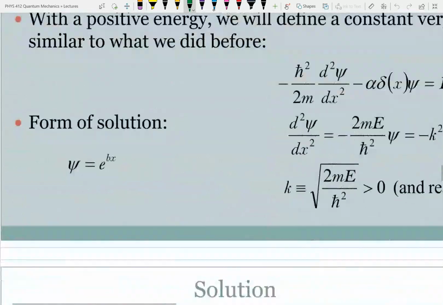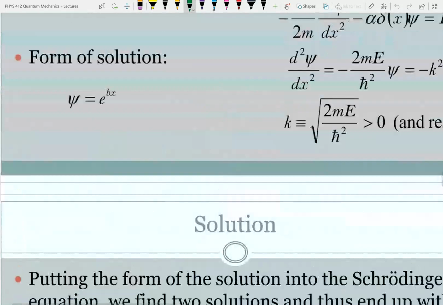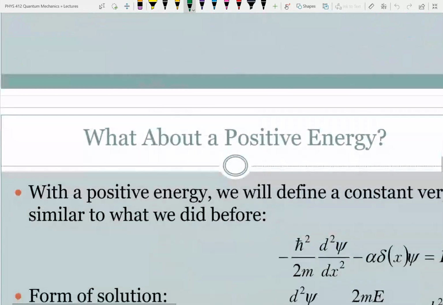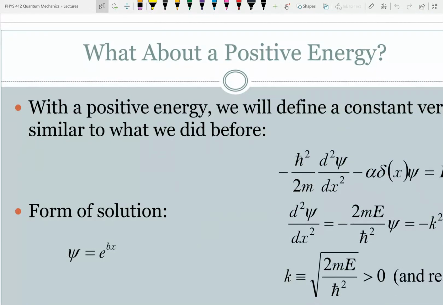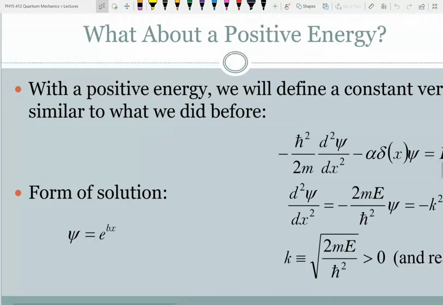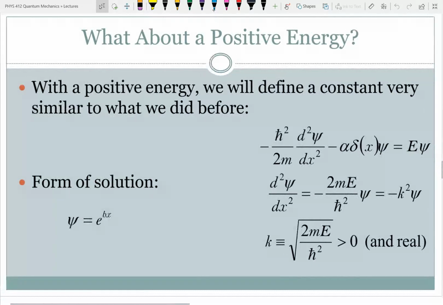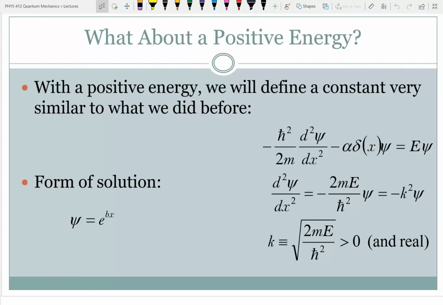And then you normalize it, and then you have some questions about the energy states, how many energy states you have. Once again, if you have questions, feel free to contact me. I'm more than willing to help.